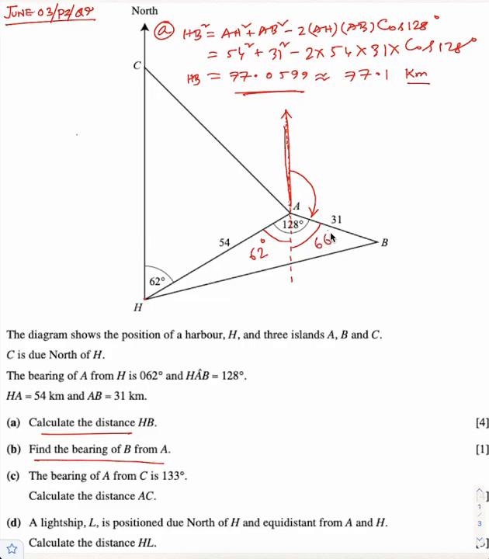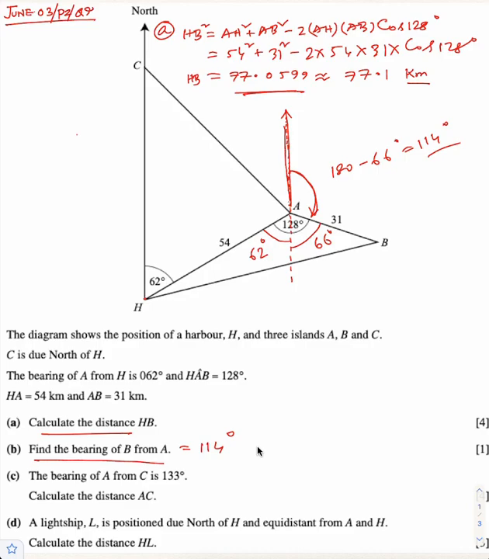So this is 66. So this angle would now be 180 minus 66, which is 114 degrees. So this answer would be 114 degrees, bearing of B from A.